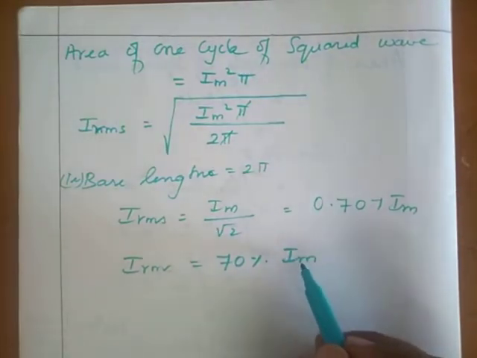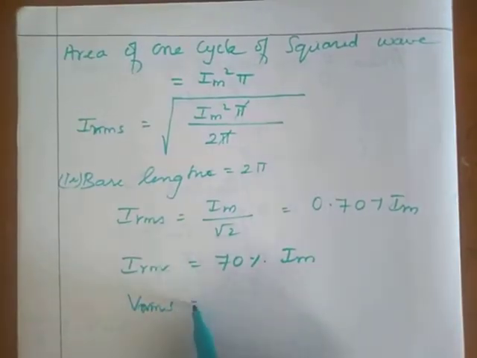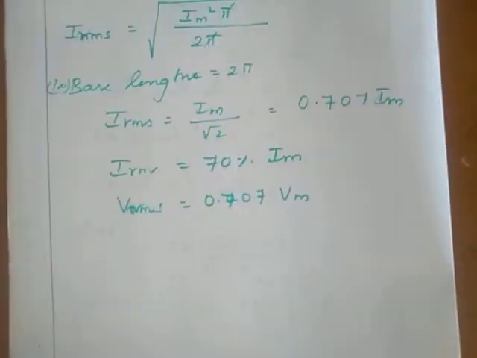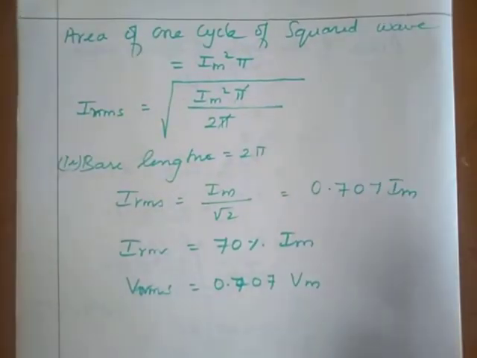Similarly, the alternating voltage can be written as Vrms equal to 0.707 Vm. In this video we learnt how to specify the value of the alternating current with the help of RMS.